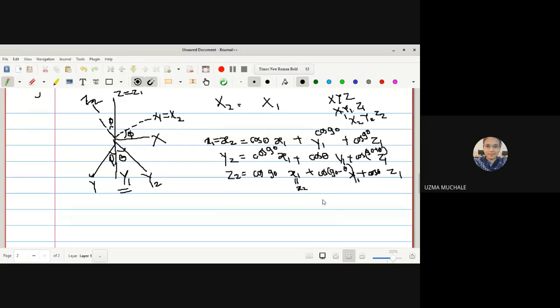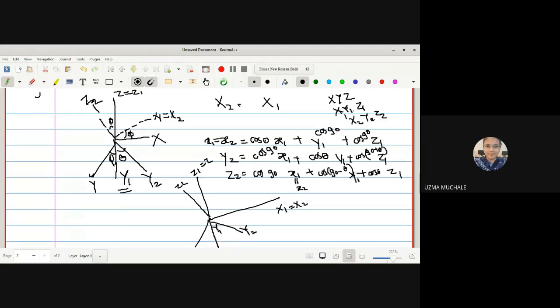If you are not getting it from this image, let me draw one more image so that you can understand. Okay, now let us assume this is x1 equals x2, and here is z1, this is z2, and here is y1, this is y2.